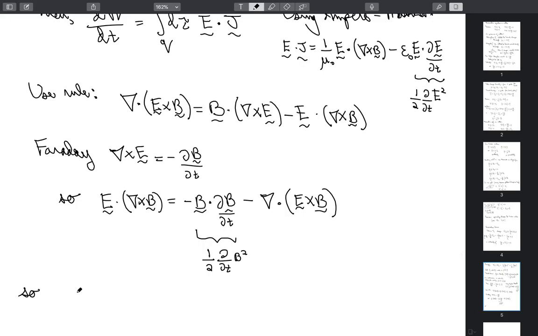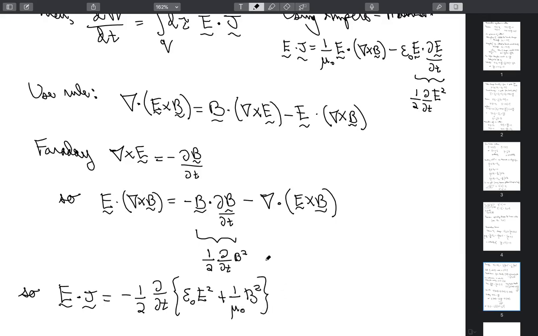Putting things together, I go back here, so this E dot J, the field dotted into current density that I have here, I substitute for this here. You see I've got two handy things. I've got the derivative with time of essentially E squared plus B squared, modulo the epsilon 0 and mu 0. So I've got the minus 1/2 d dt of epsilon 0 E squared plus 1 over mu 0 B squared.